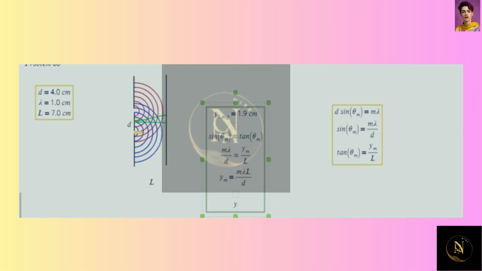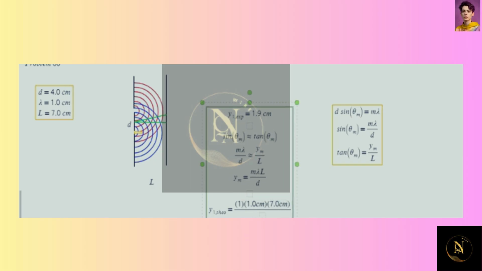Let's use this equation to get a theoretical value for y1. So let's call this y1 theoretical. It's going to be m times lambda, so m is just going to be 1 for the first bright fringe. Lambda is going to be 1 centimeter. L is going to be 7 centimeters. And the slit separation is going to be 4 centimeters.